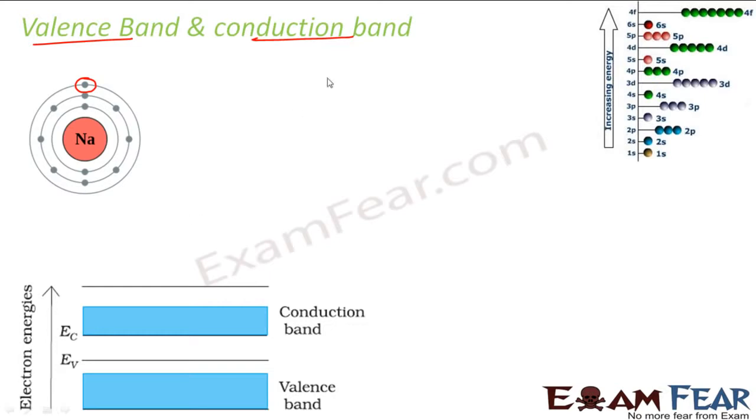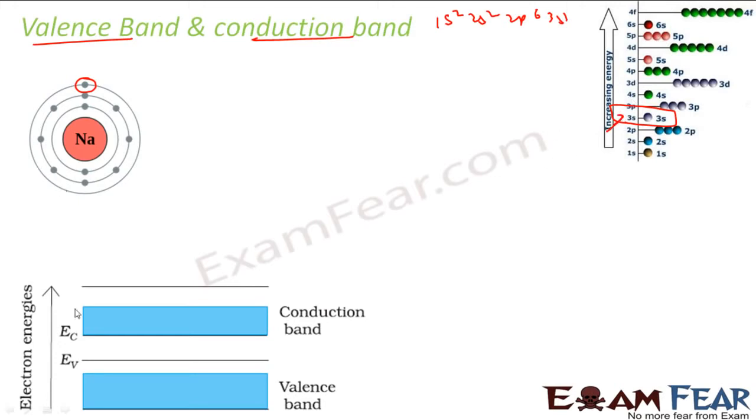For example, in sodium, I have electron configuration 1s2, 2s2, 2p6, 3s1. So 3s1 is the largest band I have. This is my valence band in this case, because this is the one where I have the valence electron.